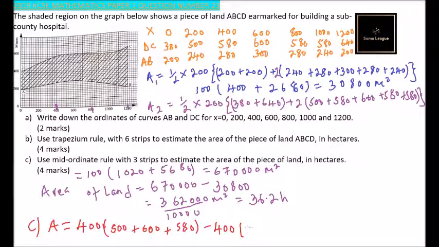We add the mid-ordinate at 200, which is 240, and then we add at 600. We are getting 300. Then we add at 1000, we are getting 240.